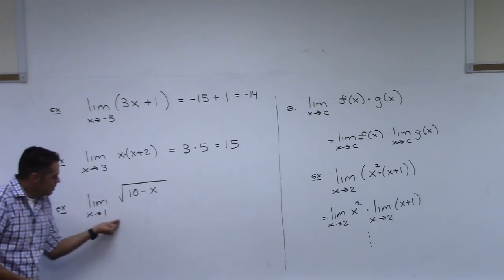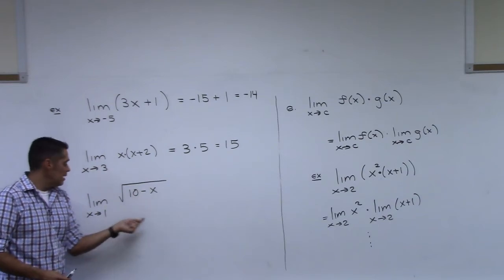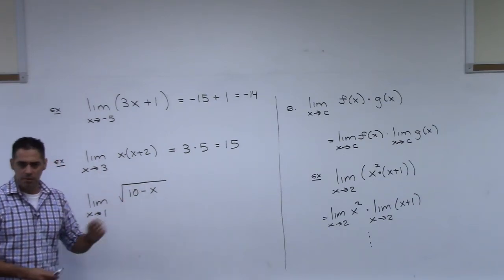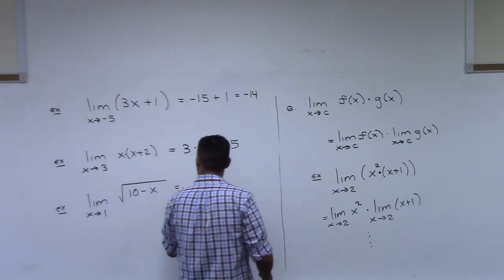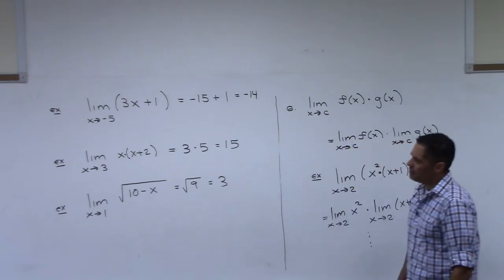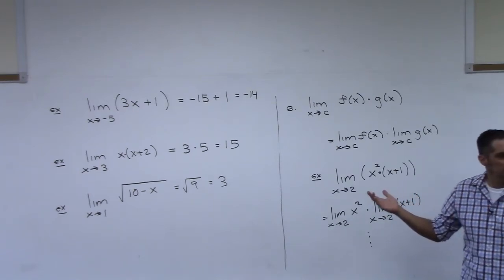Rule 8 says I can go in here and take the limit of what's in here, and if I replace this x with 1, I get 9. The square root of 9 is 3. Is it safe to say that up to this point we're not really doing anything other than plugging a number in? Big deal, right?